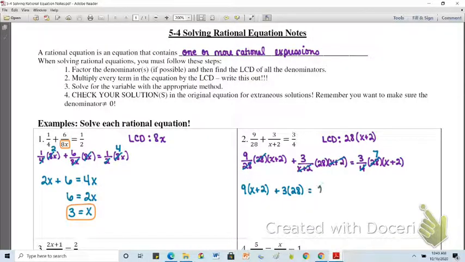I'm left with 21 times x plus 2. If after that step you still had a denominator, that means you didn't find your least common denominator and you might either need to go back and figure out where you went wrong or do it again. So from here we're going to distribute.